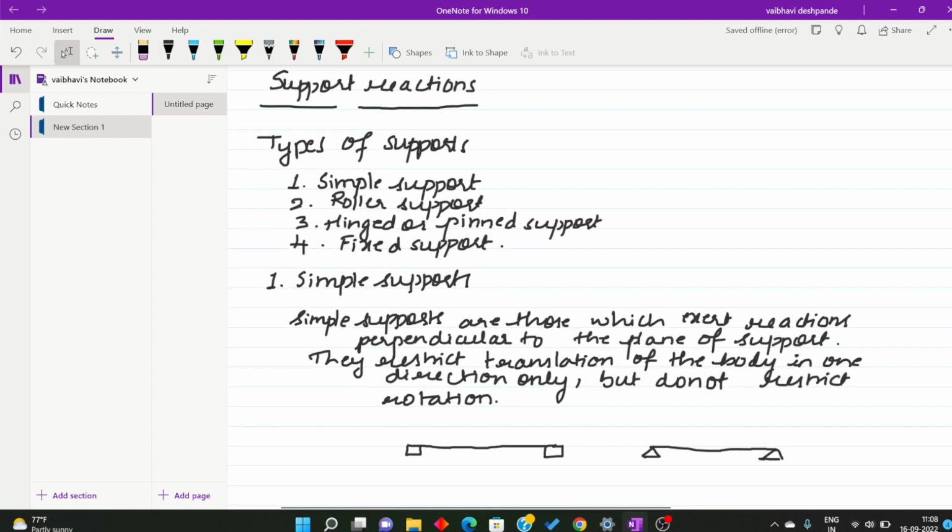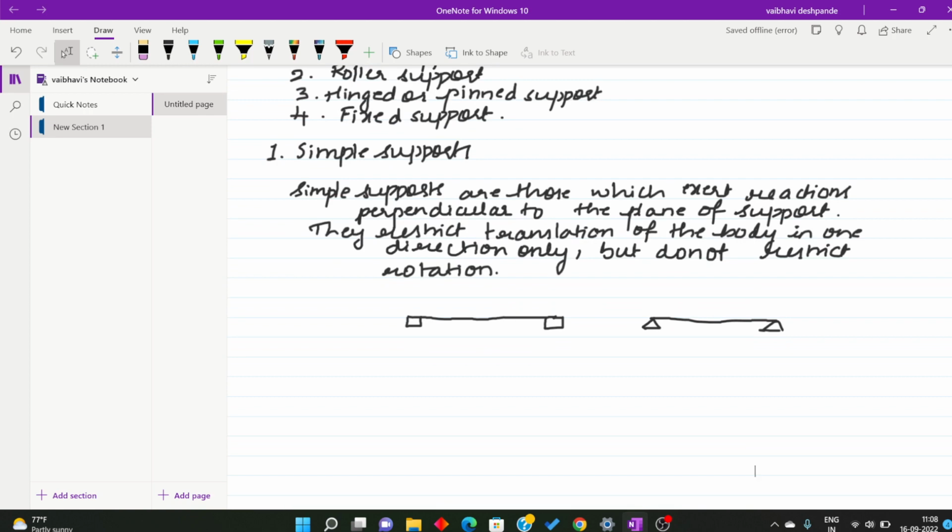The reactions will be vertical, that is, perpendicular to the plane. Suppose this is point A, this is point B, then RA is the reaction at A, RB is the reaction at B. Okay, so these are simple supports.